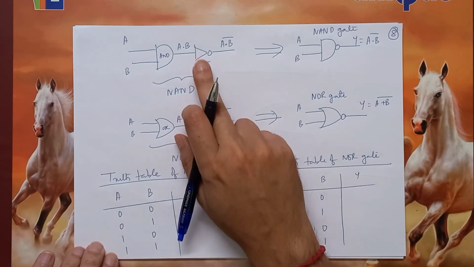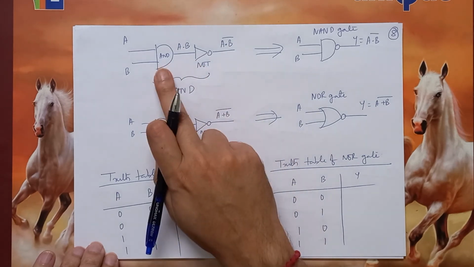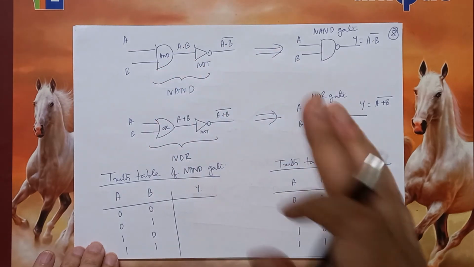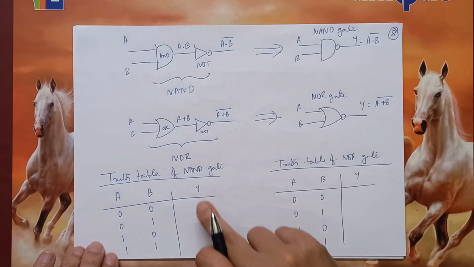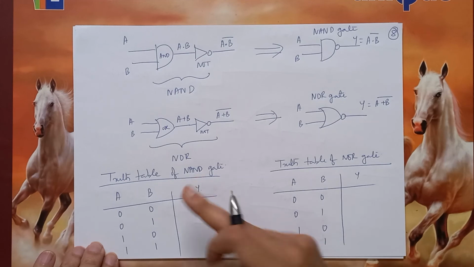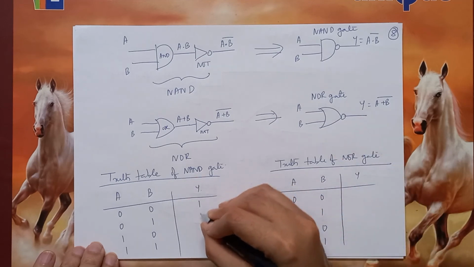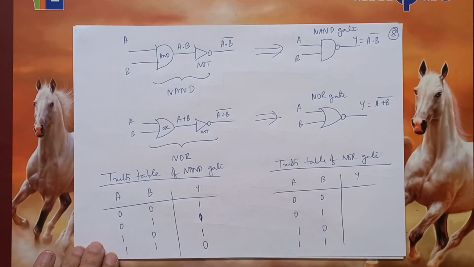Now remember that NAND is the same as AND, except it is the opposite of what it was. If you recall, the truth table's output for the AND gate was 0, 0, 0, 1. So NAND will be just the opposite, which is 1, 1, 1 and 0.